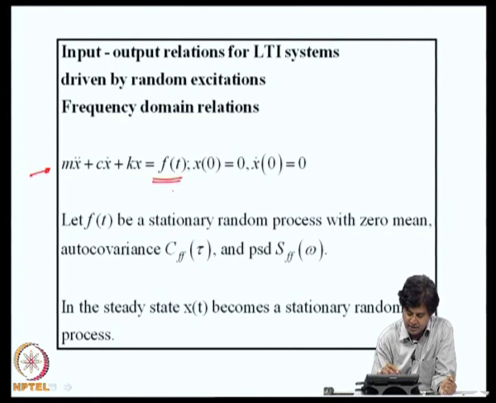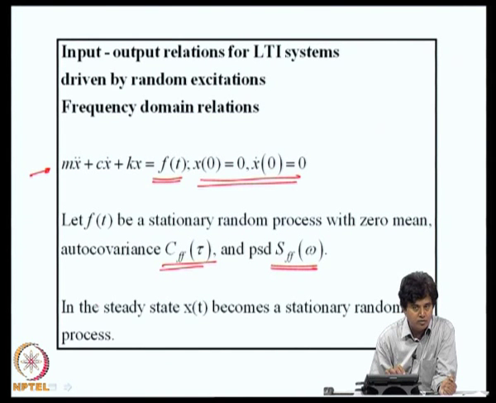So, we are restricting the input to be stationary and we assume that the system starts from rest. So, f of t is a stationary random process with 0 mean and autocovariance C_ff of tau and power spectral density S_ff of omega. We restrict our attention only to the steady state response of x of t. As we have already seen, in the steady state, x of t is a stationary random process. Therefore, I can talk about its autocovariance as well as its power spectral density function.